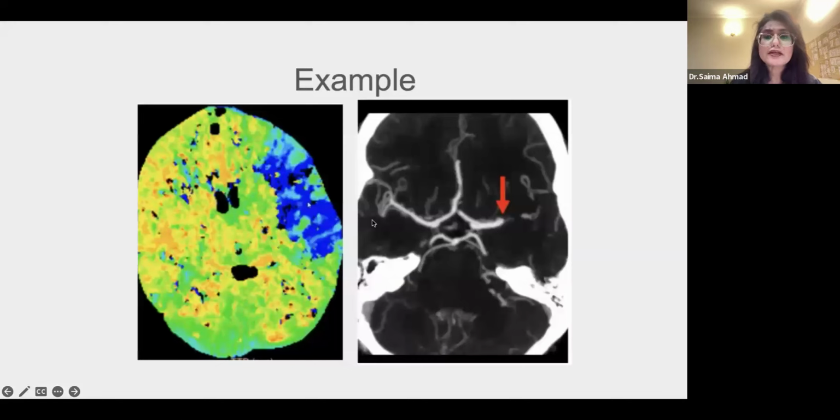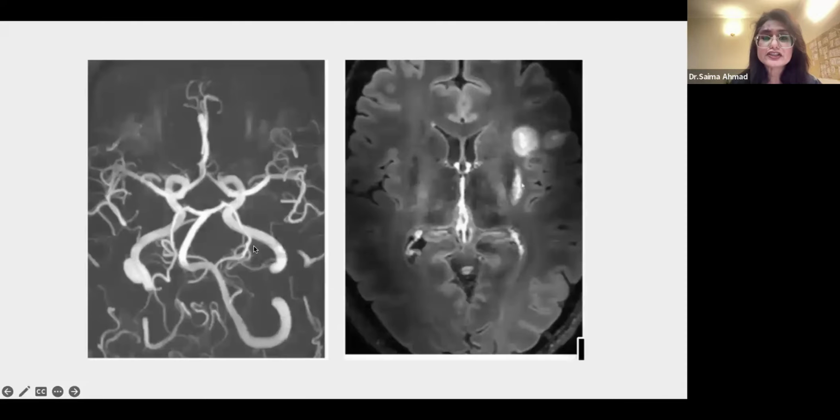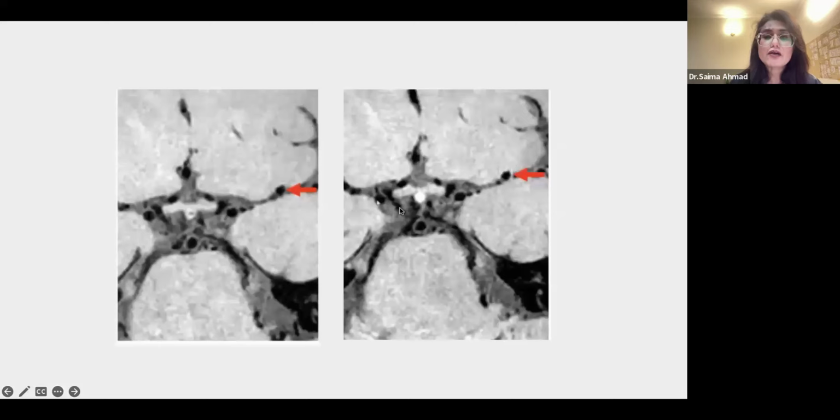One example is a left M1 occlusion with a large penumbra. We did the thrombectomy and the recanalization. The next day MRI was done and there was very little tissue injury. But when we performed the vessel wall imaging, you can see that this was the site where there was a thrombus, so there is no enhancement. But later on, after the thrombectomy, you can see the enhancement, which tells you about the vessel wall injury there.